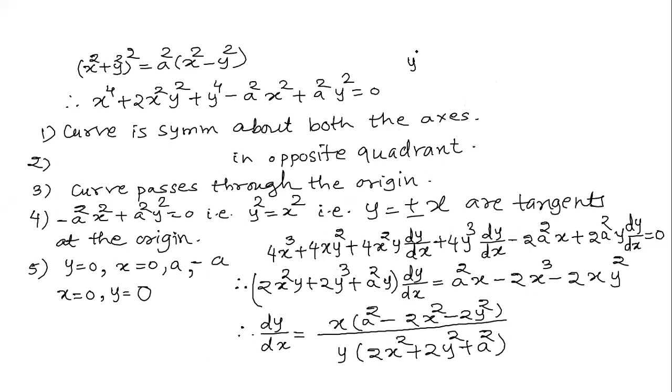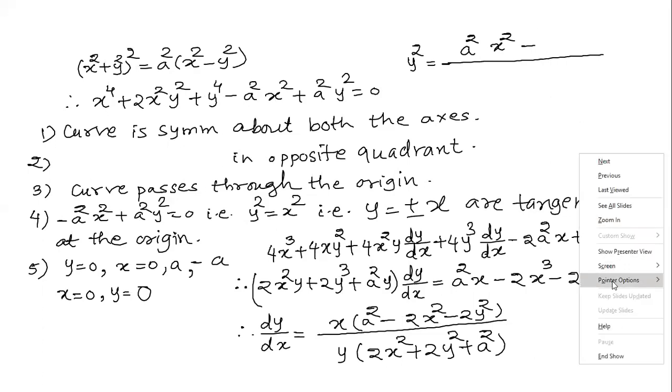So I am writing y square equal to, so it is really a tough task. It is a big problem. It is not absolutely easy. From this, if we take the y terms to the left side, then on the right side what remains is a square into x square, and minus x to the power 4.